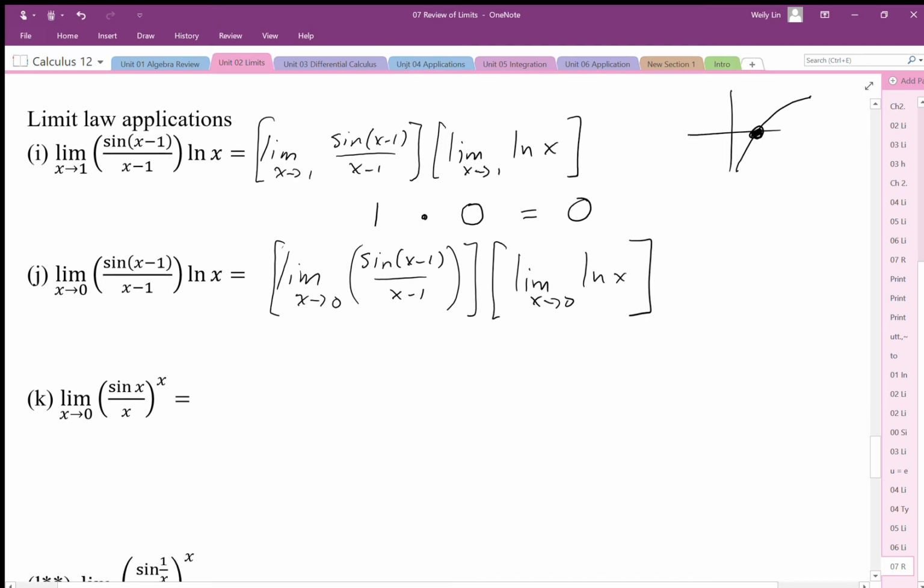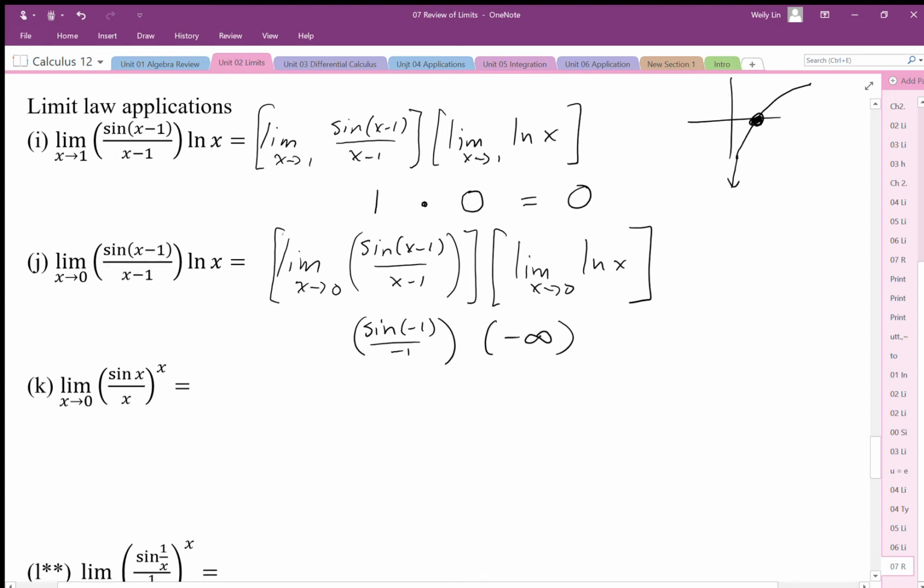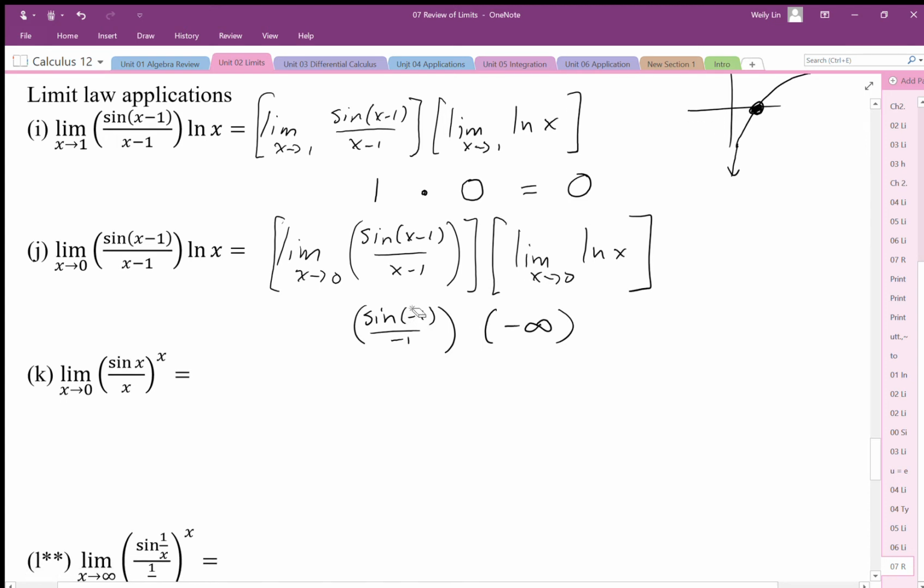So this is just going to be sine of negative 1 over negative 1. But log x here is heading down to negative infinity, so this is going to end up being negative infinity. Negative infinity times anything is going to be negative infinity, we just have to be aware of the sign here. Sine of negative 1 is negative, over negative.